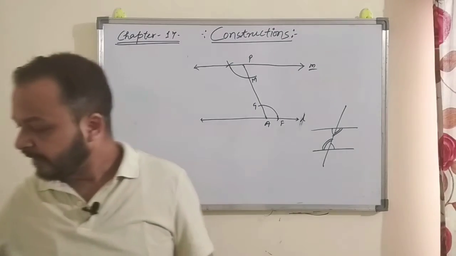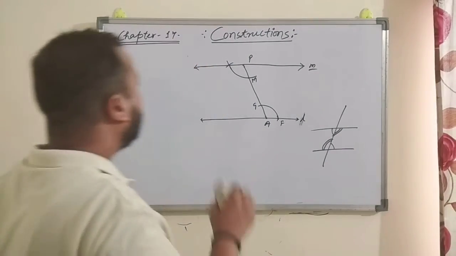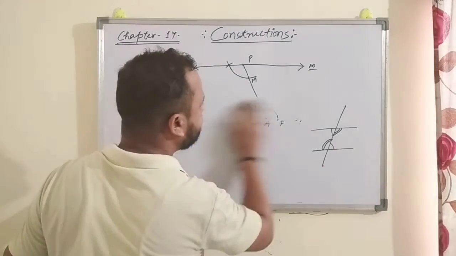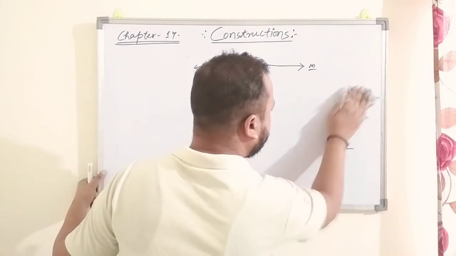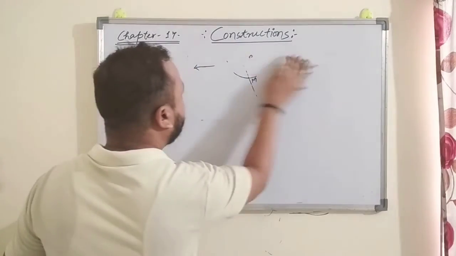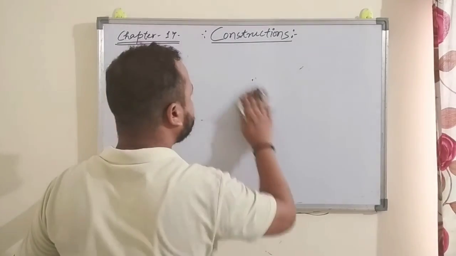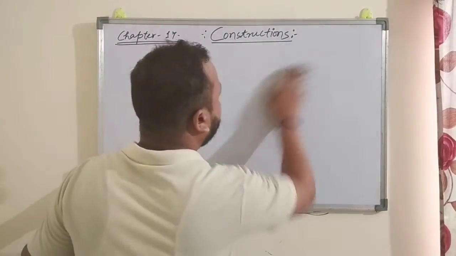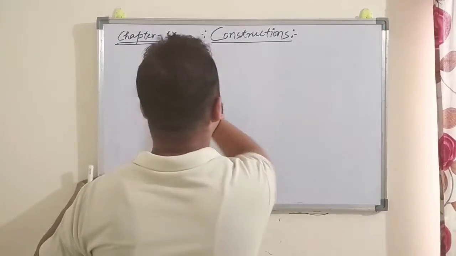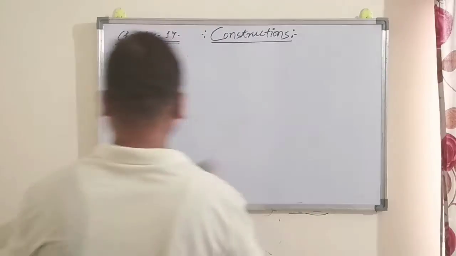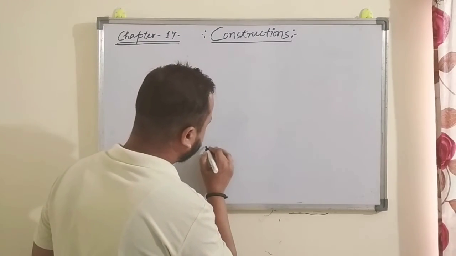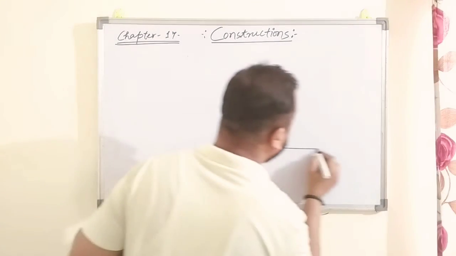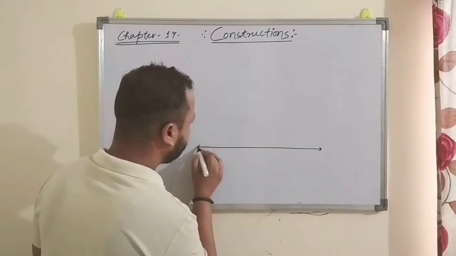Now, second thing, means this is the first type. We have drawn a parallel line. Now in the second construction part, we have to draw a line where the distance is given. Suppose a line is given, right? This line is given.